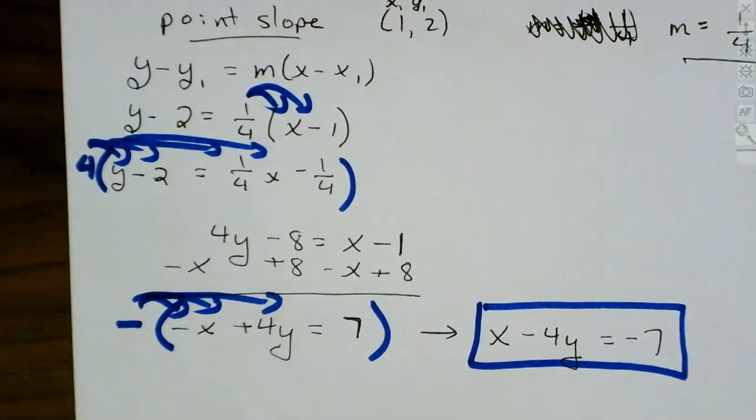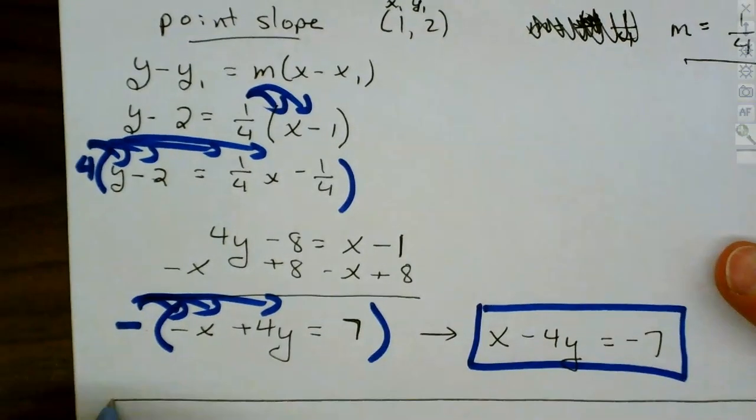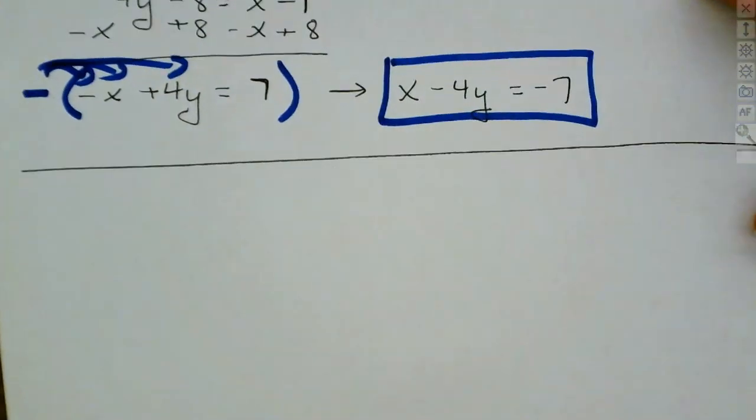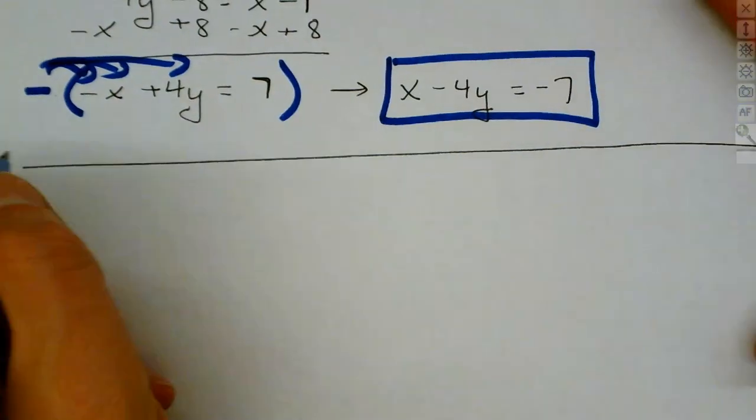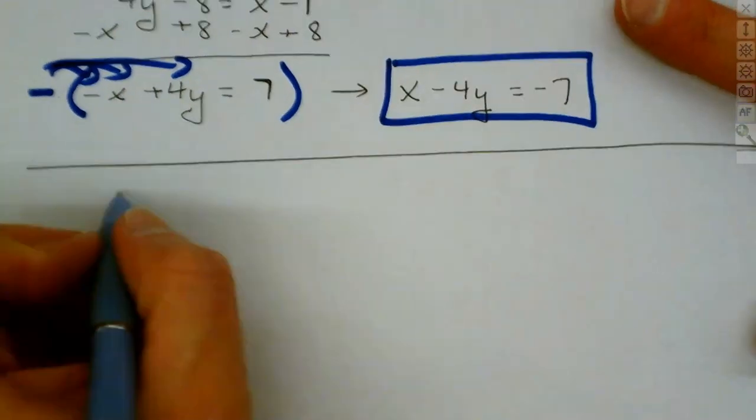Okay, now let's talk about what happens when you have an x line or a y line. So we'll do a couple of these. These do not take long at all, and these have to be written in standard form.